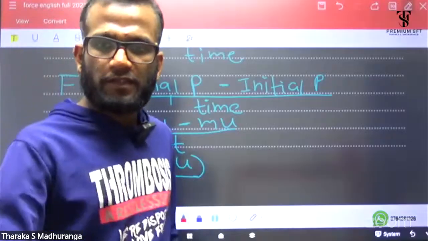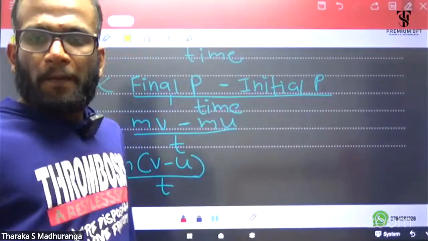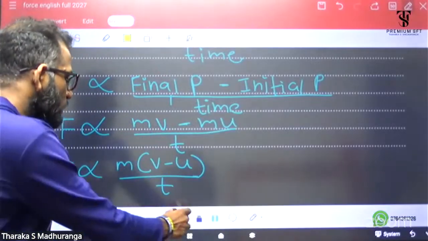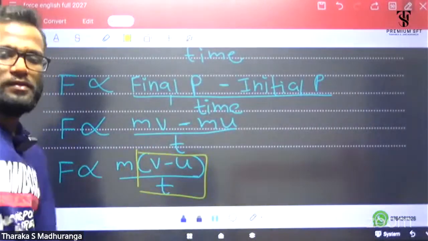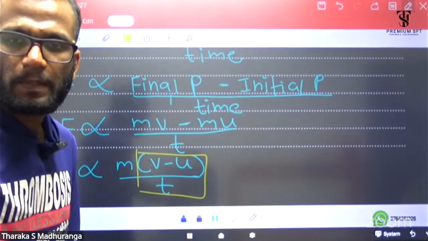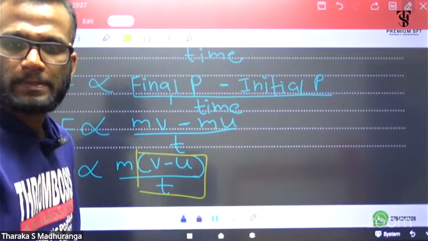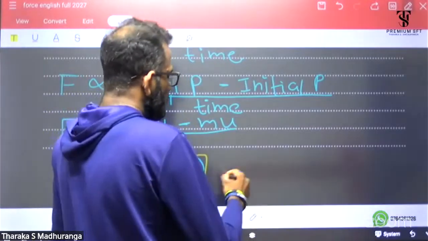What's the name of this part? Yes, very good. Acceleration.